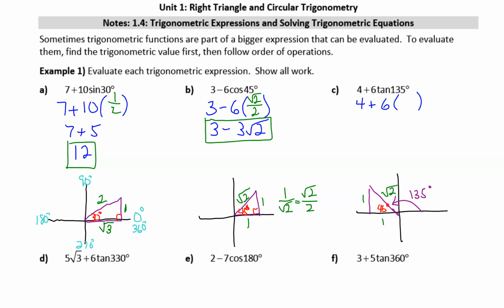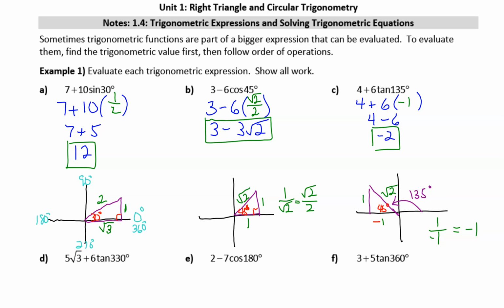Using a basic 45 right triangle, we can put the side lengths in, but we'll need to take care that the horizontal side, or the adjacent side, will be negative in quadrant 2, since x is negative in quadrant 2. Tangent of 135 is opposite over adjacent, which is 1 over negative 1, or negative 1. Replacing tangent of 135 with negative 1, we just now need to do the arithmetic. 4 plus 6 times negative 1, multiplying first and then subtracting.